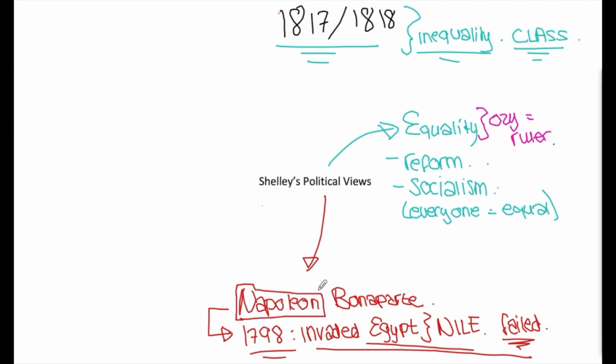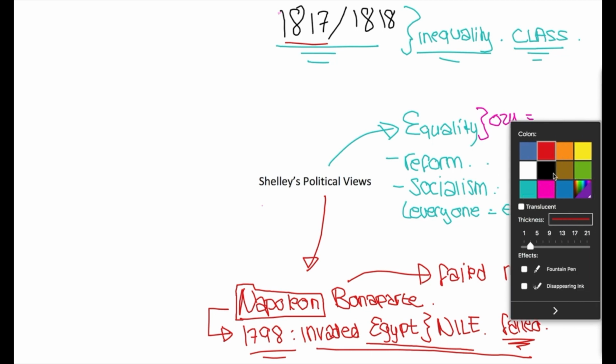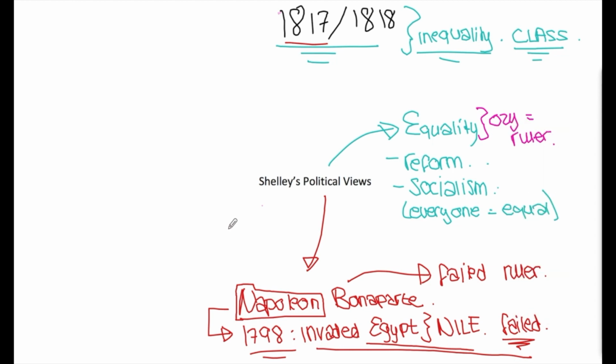People believe that Ozymandias was influenced by Napoleon, and of course, like I said, around this time when the poem was written and published, Napoleon had failed and was hiding in exile. So he was a failed ruler. A lot of people would have known this and probably equated it to Ozymandias himself, who was posited as a failed ruler.